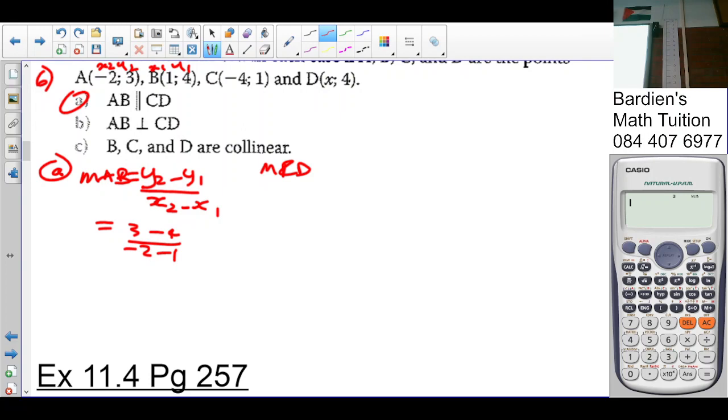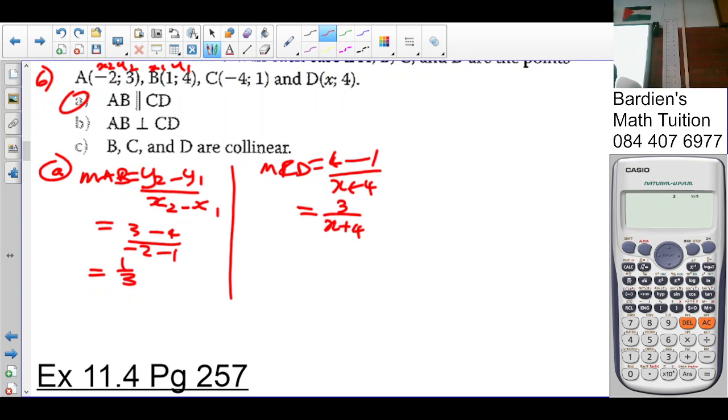Or if you had said 4 minus 3, you would then say 1 minus minus 2. Same answer. So that's going to give you negative 1 over negative 3, which is a third. Not so. Now you work out the gradient of CD. So the gradient of CD is changing y over changing x. Same as we did. So it's going to be 4 minus 1 over x minus minus 4. Not so. It's going to be 3 over x plus 4.